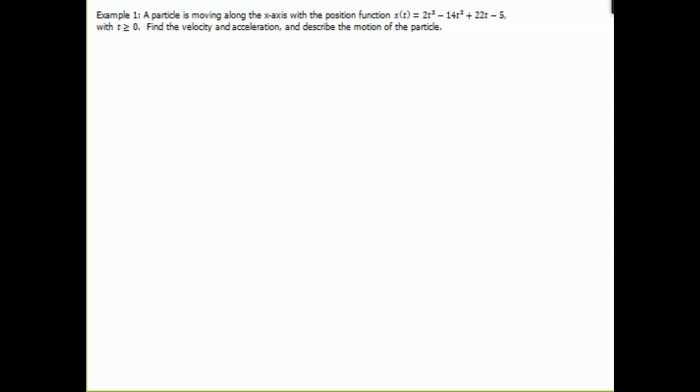So what I want you to do is find velocity. So we'll do velocity in red. So our velocity is 6t squared minus 28t plus 22.